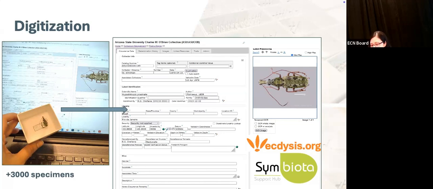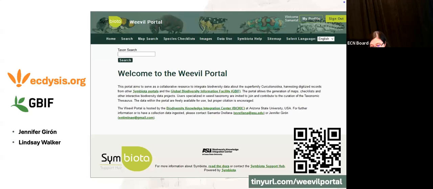For very special specimens, or at least one for each genus or species, I also took a lot of images to illustrate the record. So we use Ecdysis to directly digitize the specimens and generate the information.